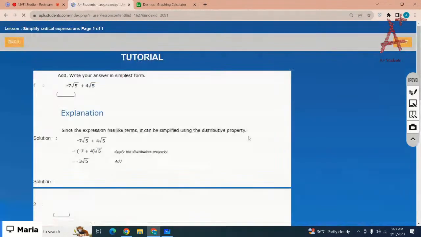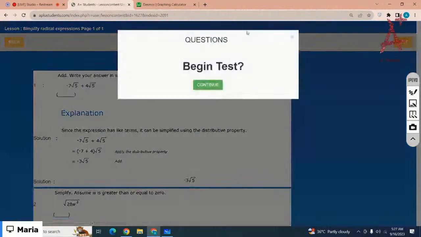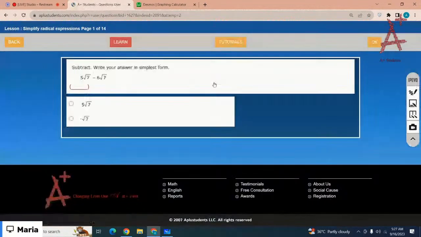We have started with simplifying radical expressions. So let's start with the practice questions. Okay, subtract. Write your answer in simplest form. So 5 square root 7 minus 6 square root 7.